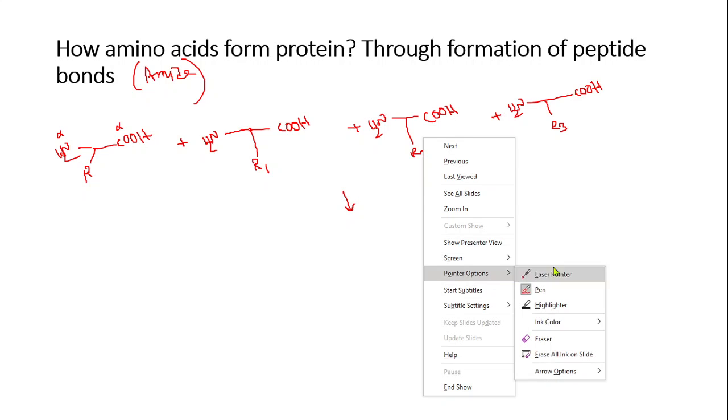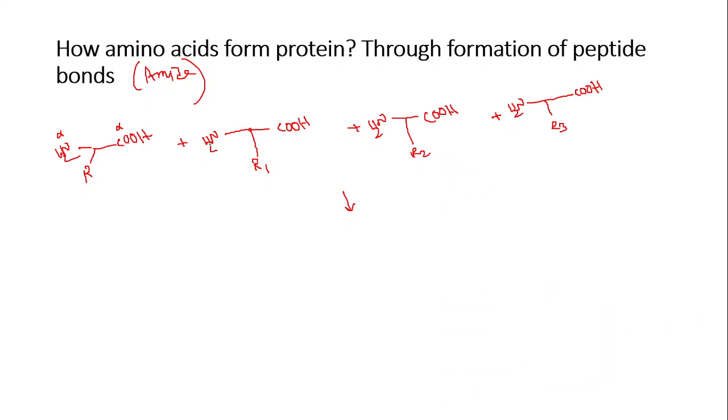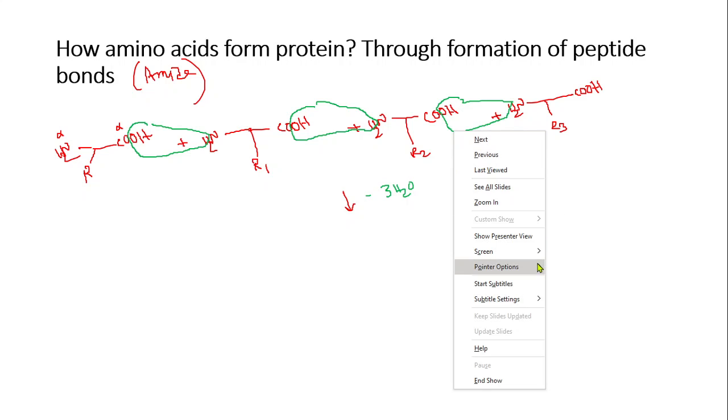An easy way to tell is by the removal of water. If you take away one OH from here and one H from here, one OH from here and one H from here, one OH from here and one H from here, that is minus 3 H2O, because 3 H2O would be lost.